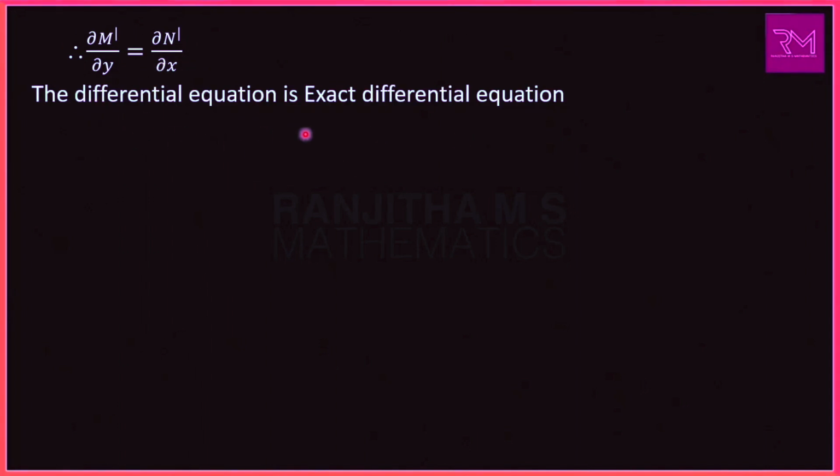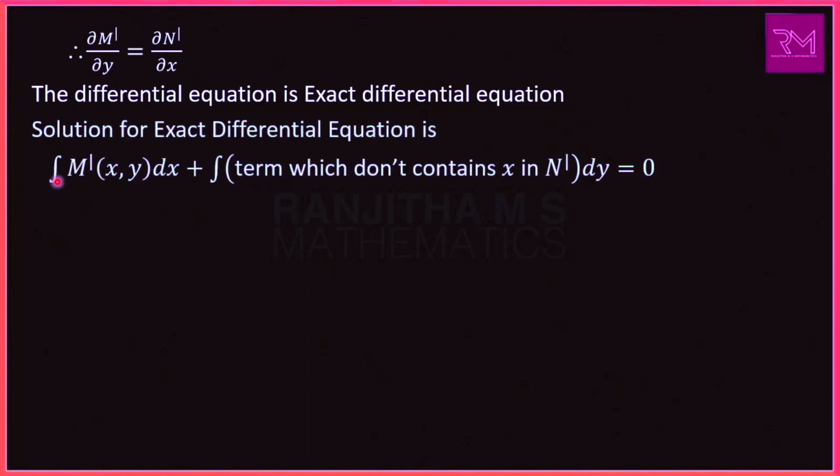Once we find the exact differential equation, the solution is given by integral of M dash of x comma y dx plus integral of terms which do not contain x in N dash into dy, which is equal to c. This is the solution for an exact differential equation.